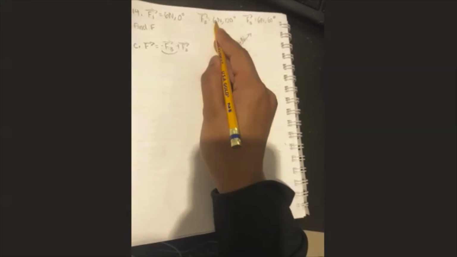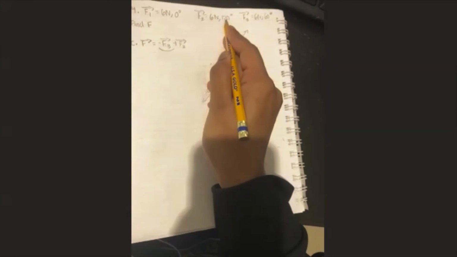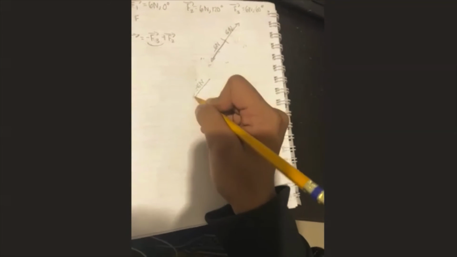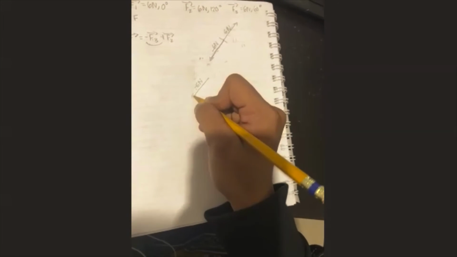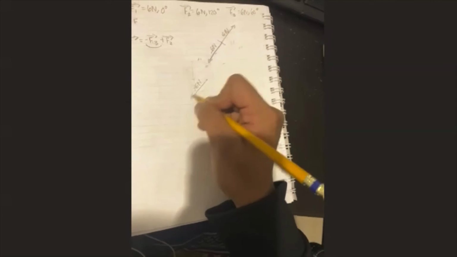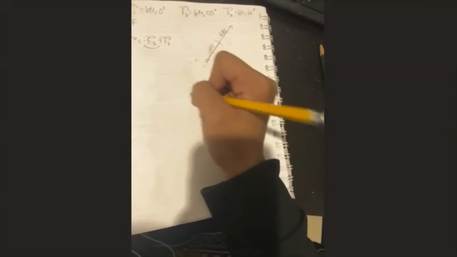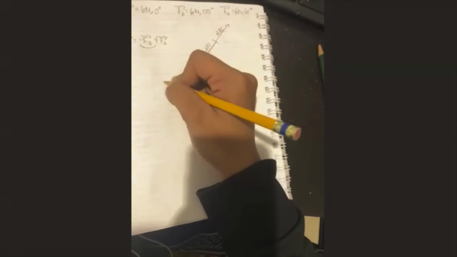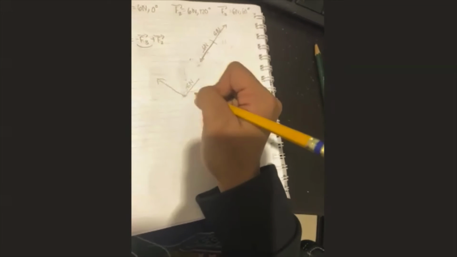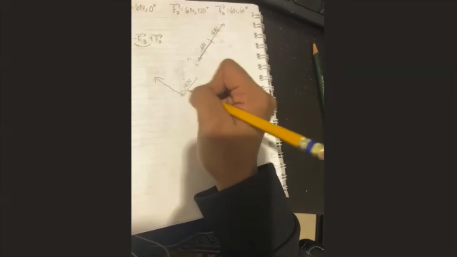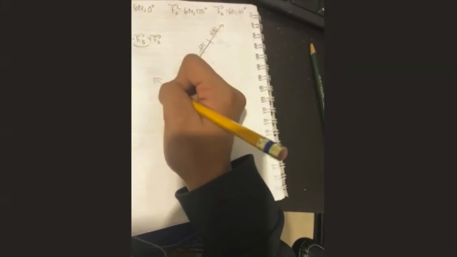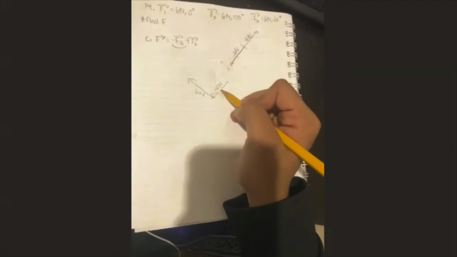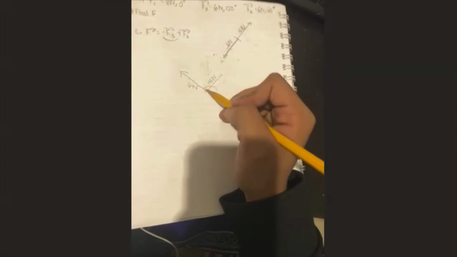F2 is 6 newtons at 120 degrees. Assuming this is an XY plane, 120 degrees is going to move this way, because we have a lot of space. Because this is the degrees of the tangent, it's going to be 120. So this is also 6n, and this is F2. Do you guys have any questions with how these tangents look?